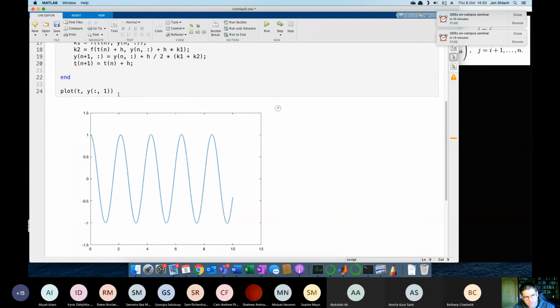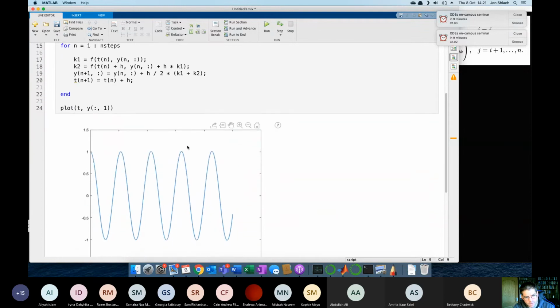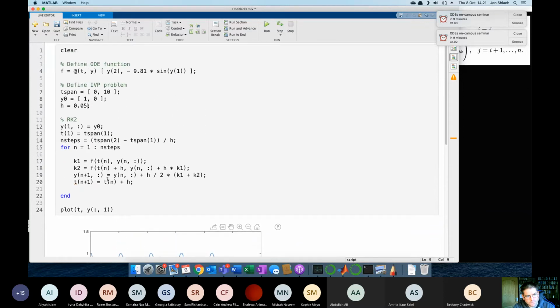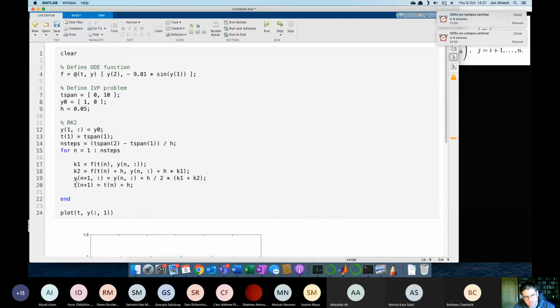As I reduce the step length, I get a better solution. So this code here is a Runge-Kutta method for a system of ODEs. The key thing is, wherever you've got y, we have to use the nth or n+1th row.